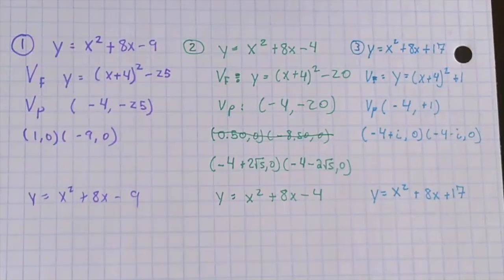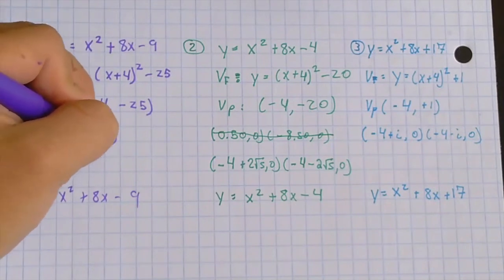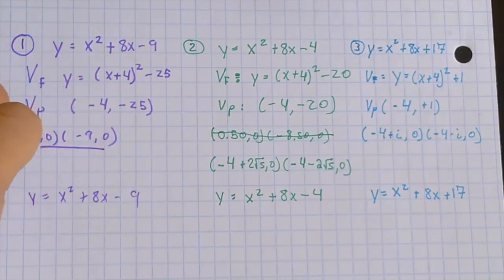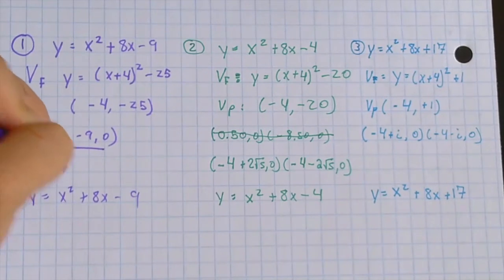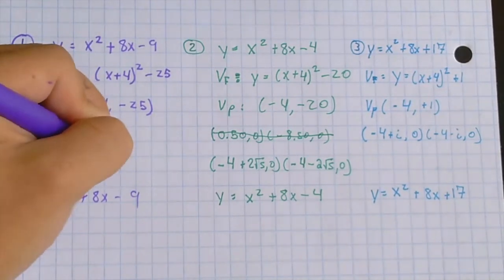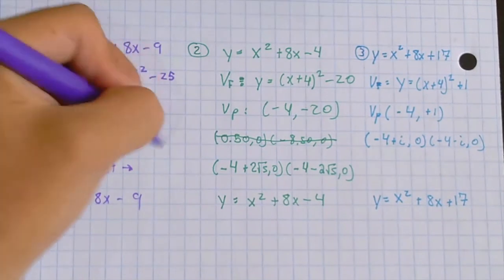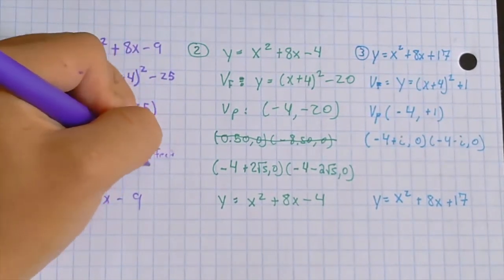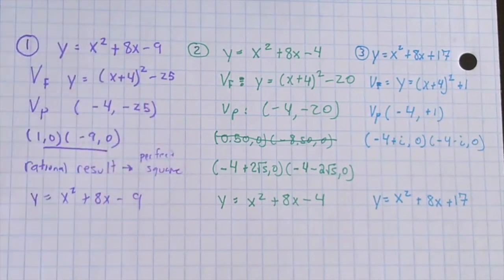Okay, now let's bring everything together. We have 3 different examples in which we completed the square, and here are our results, right? The key thing to notice is that this is what happens when we have a rational result, because we have a perfect square as our term.